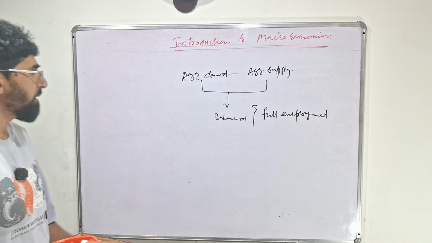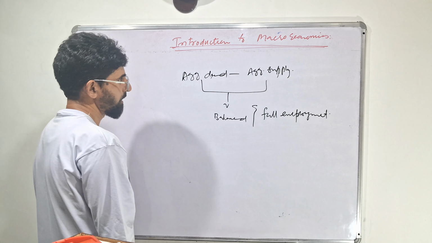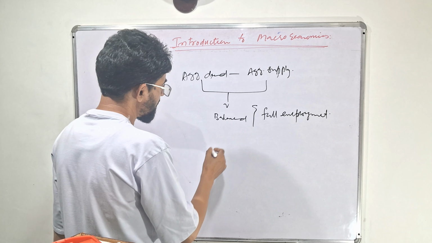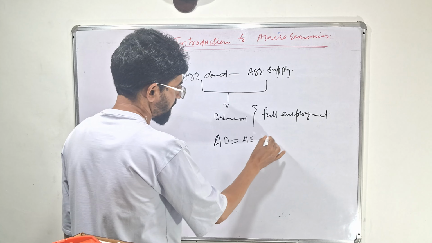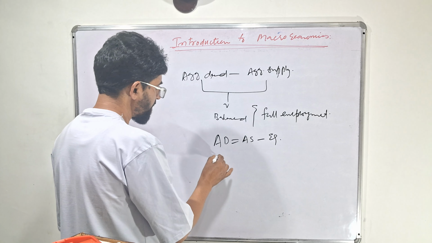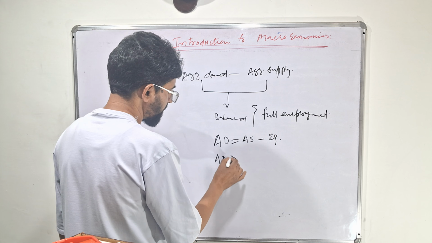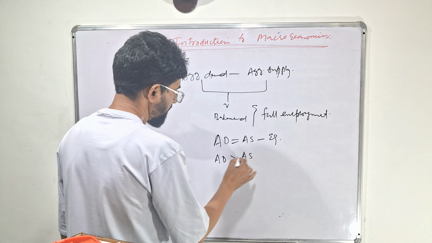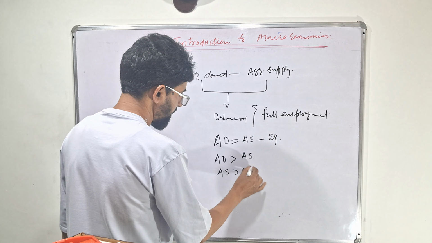While studying macroeconomics, it is not necessary that aggregate demand and aggregate supply are in equilibrium every time. Sometimes the adverse happens: aggregate demand remains greater than aggregate supply, or aggregate supply remains greater than aggregate demand.